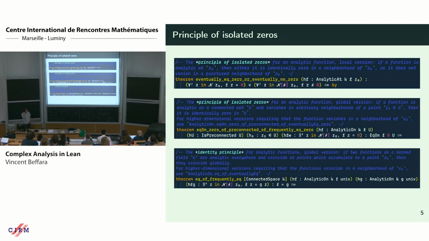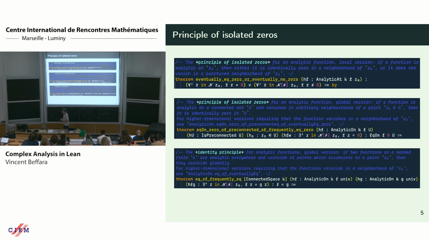Okay, so the point is to show you what these statements look like in Lean. And so this is the principle of isolated zeros, and there are a few versions. So I know that there will be a tutorial on analysis on Thursday, I think, but I will kind of have to talk about filters just to explain the statements here.